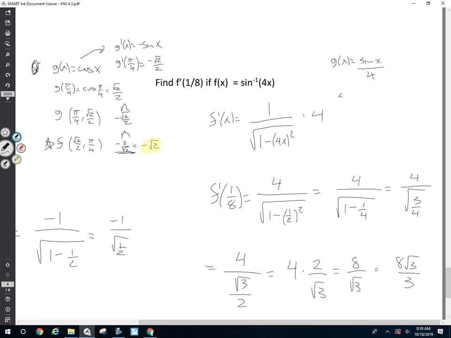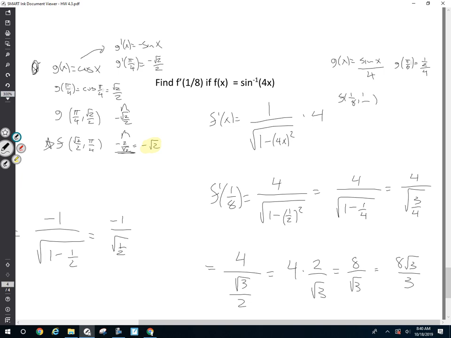F got the point 1/8, something. What can I plug in here to get the y coordinate 1/8? Well, if I get 1/2 in the numerator, divide that by 4, I get 1/8. So I know that g of pi over 6 gives me 1/2 divided by 4, which is 1/8.